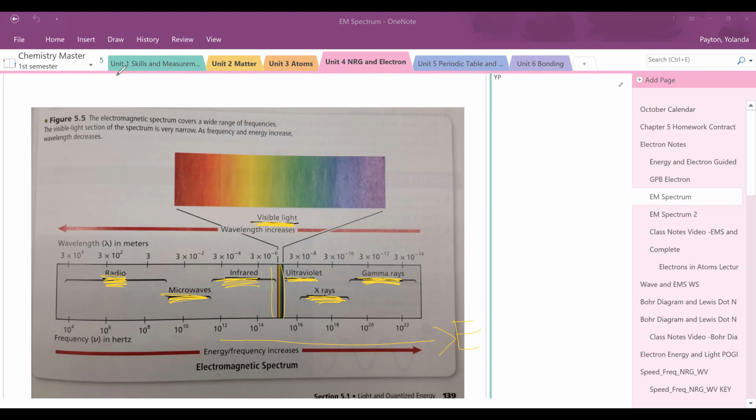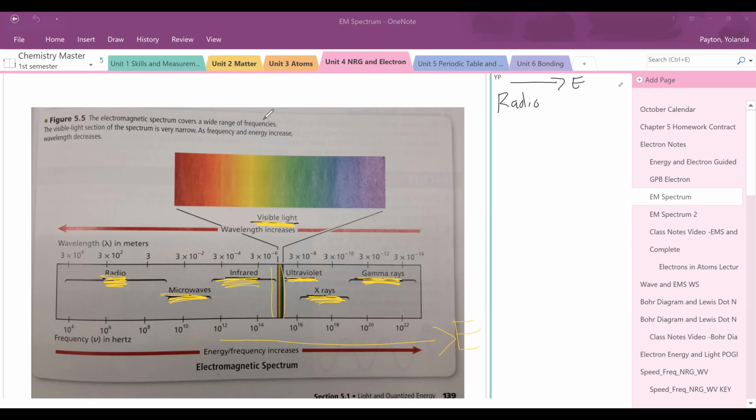So what I want you to do first is, and I'll write it with you, for instance, let's write these in order, all right? And then I'm gonna give you a shortcut to remember. So if you wanna write them like this, radio, you can either write them left to right, and then on the top say that energy is increasing this way, or you can write them however you wanna do it.